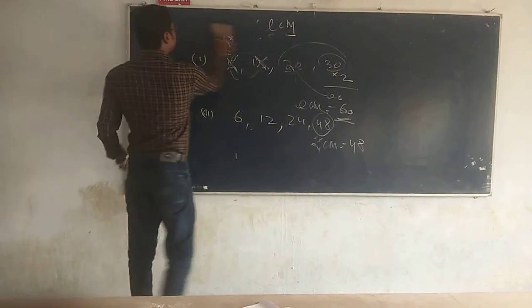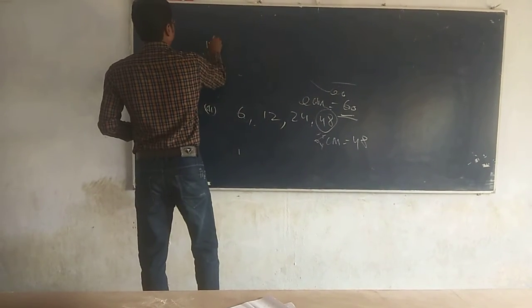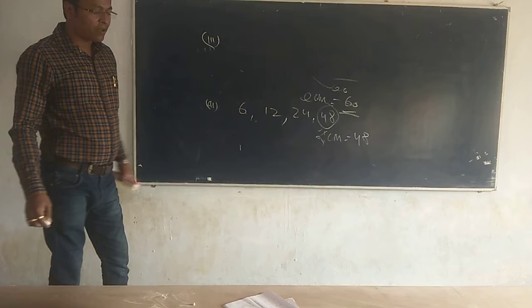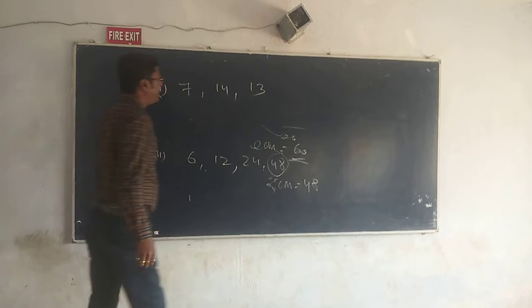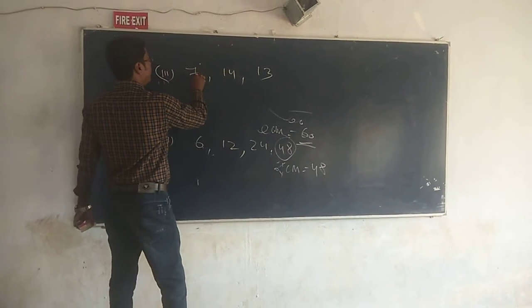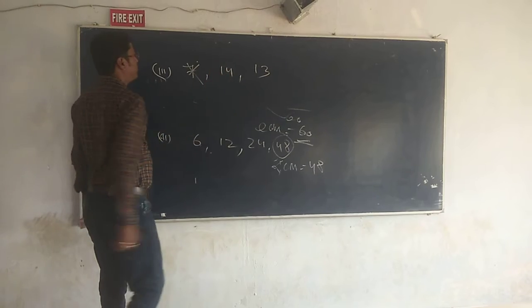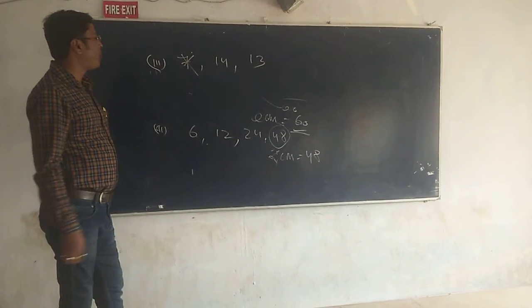Then come to the third trick. Trick number 3. Suppose another set of numbers is given here: 7, 14, 13. Right? You have to find out the LCM. 7 is divisible by 14. So the other 2 numbers are not divided. So how do you find out?